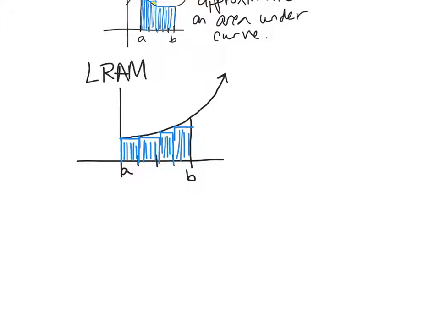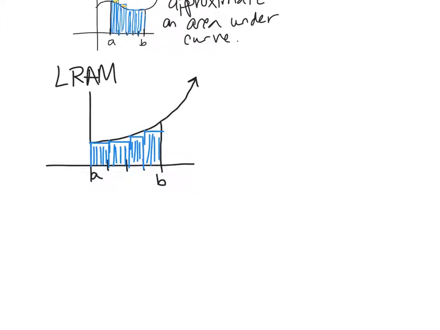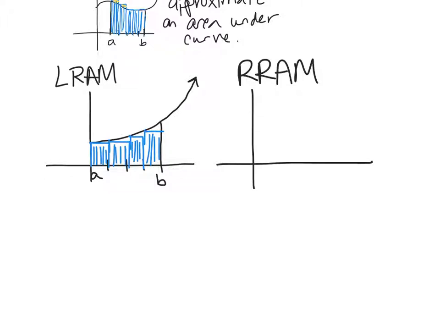Then you're going to have, what do you think? RRAM, that's right. RRAM is going to be done the same kind of way. Let's have the same curve, from A to B again, and break this up into the same amount of intervals as our other one, just to show you the difference between them.